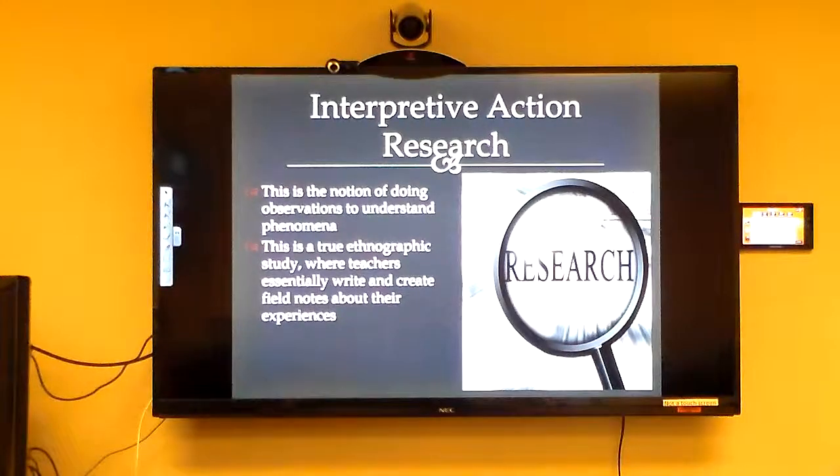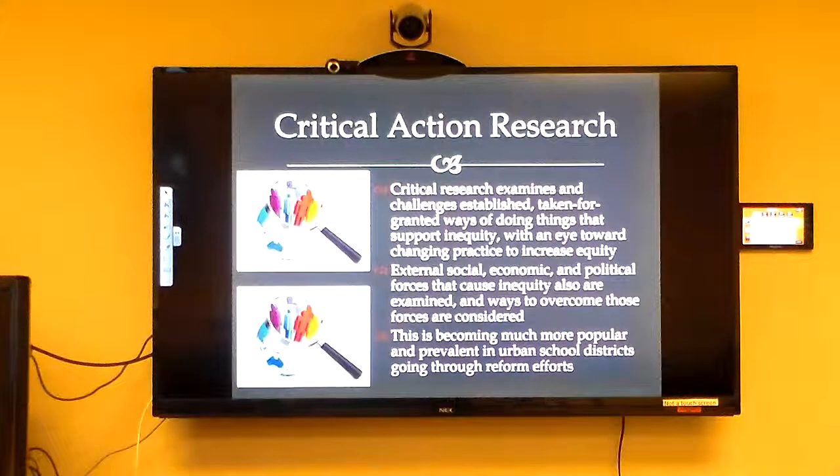This isn't exactly my area. I'm more of a data and a quant person, but I think this is important to note that using this as an ethnographic study to reflect on past practices is something we all learned in teacher education, right? We learned that when you write a lesson plan, you need to reflect on it. So doing this is certainly acceptable.